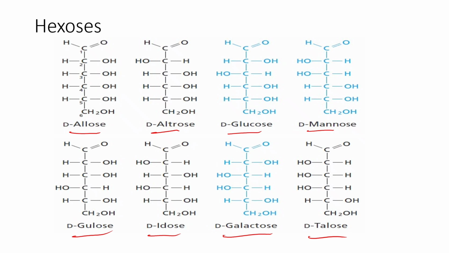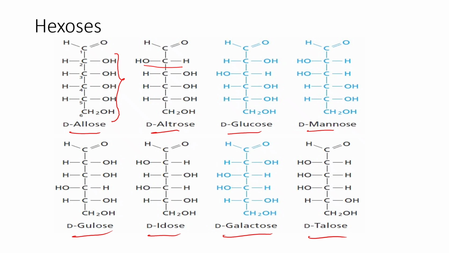Here also they differ in the arrangement of the H and OH. That is, here all the OH is on the right side, but here one OH is displaced to the left. Similarly, in glucose, the third OH is displaced. In this manner, all these hexoses differ.